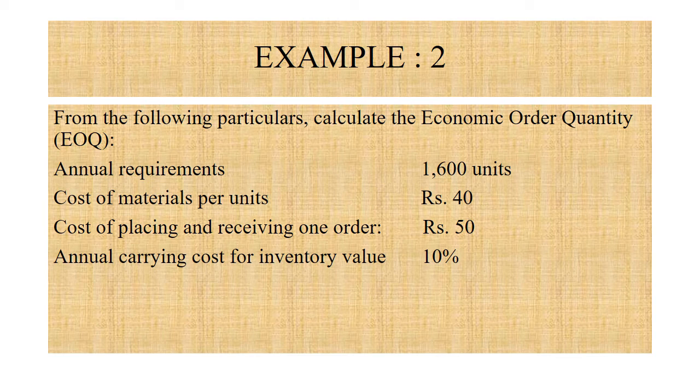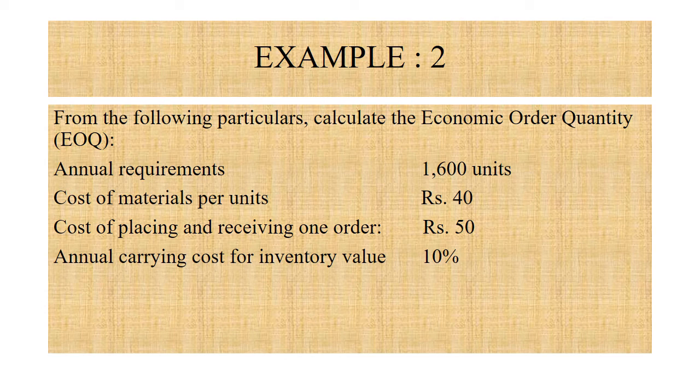Usage or demand is given directly. Annual requirements is 1600. Then next is ordering cost. We have the ordering cost here: cost of placing and receiving one order rupees 50. Then the third element is annual carrying cost per unit. Here it's given that annual carrying cost for inventory value is 10%. Now what is the total inventory value we have?